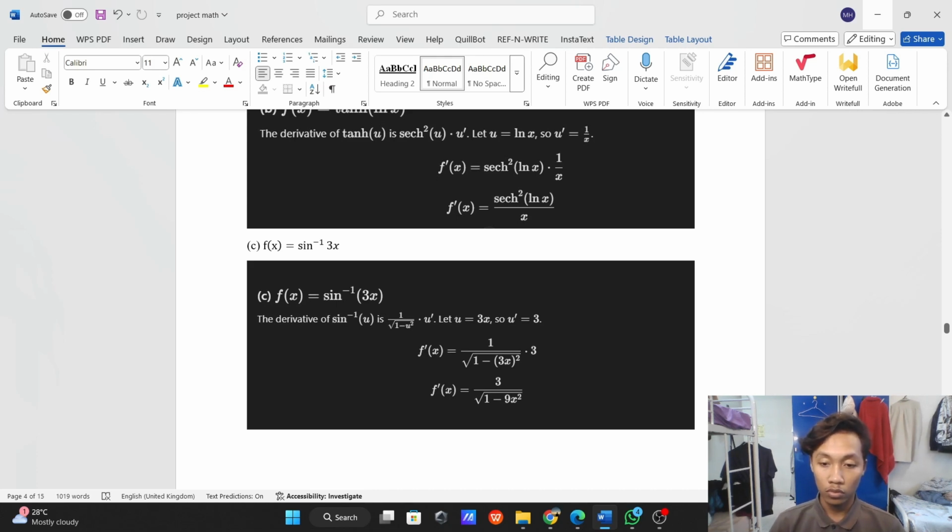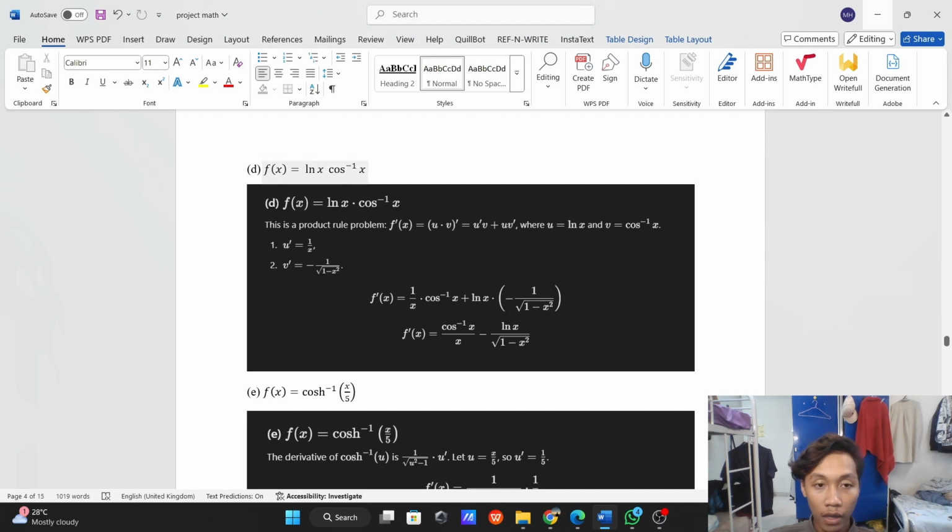Next is f(x) equals ln x times cos inverse x. This is a product rule problem where u equals ln x and v equals cos inverse x. Our u prime is 1 over x and v prime is negative 1 over the square root of 1 minus x squared.